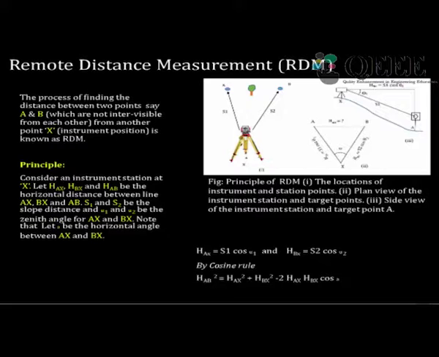So knowing H1 and H2, that is HAX and HBX, by using the cosine rule, we can easily calculate HAB, the distance between points A and B. This is called the remote distance measurement mode using a total station.